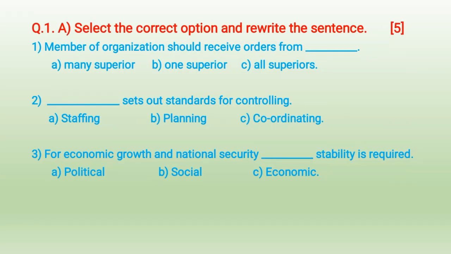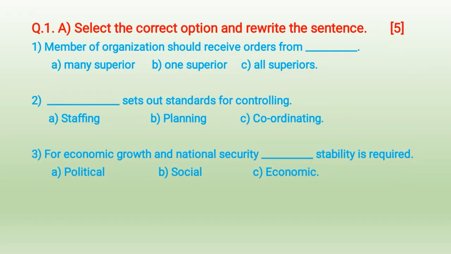I repeat, you should write a complete sentence with the correct option. You should underline the answer with a pencil. Don't forget that. I will insist you write the sentences as per the order given in the question paper. Let us see one by one.